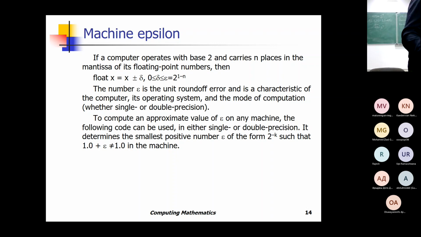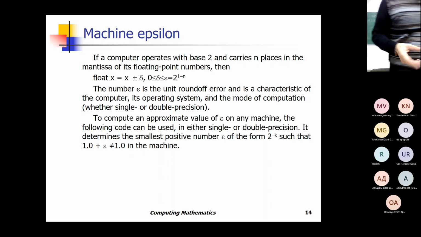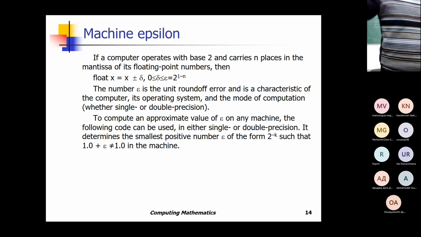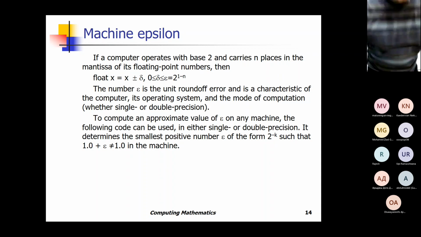But in a computer, 1 plus epsilon sometimes equals 1. Of course, if epsilon equals 0.5, 1 plus 0.5 doesn't equal 1.